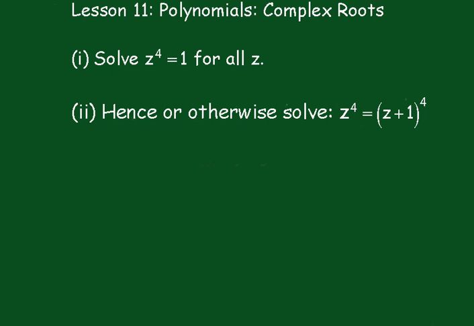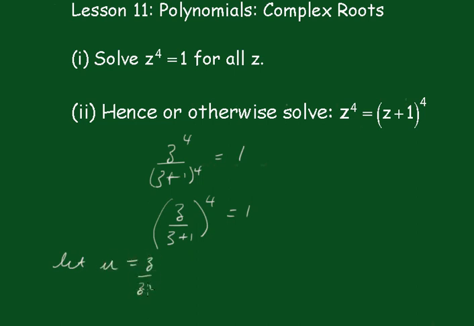Right, now in part 2, hence or otherwise solve z to the fourth equals z plus 1 to the fourth. What I'll do here, I'll divide both sides by z plus 1 to the fourth. We'll have z to the fourth over z plus 1 to the fourth equals 1, which is really z over z plus 1 all to the power of 4 equals 1. Now I'm going to let u equal z over z plus 1.